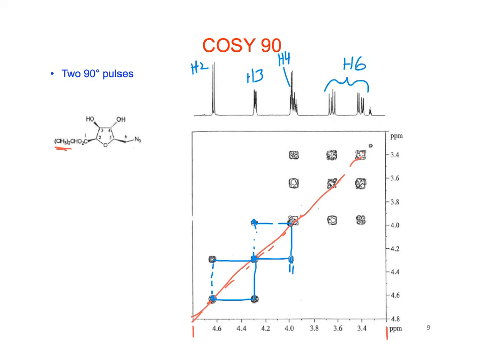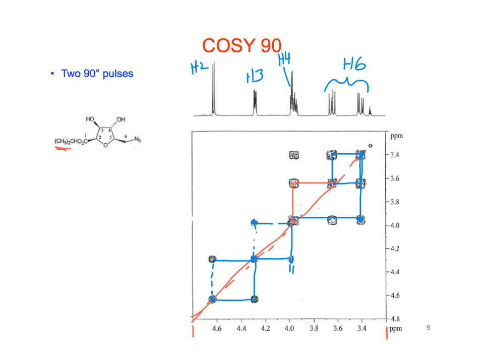Notice that protons H6 couple with each other, right? So that makes sense. And then each of H6 can go to here and over to here. Or you could start with the other H6, let's do it in a different color, and go over to here and over to here.